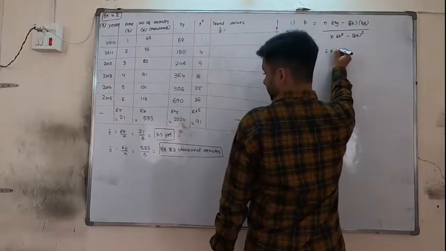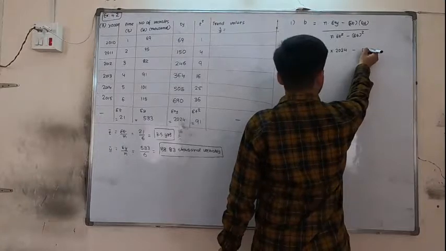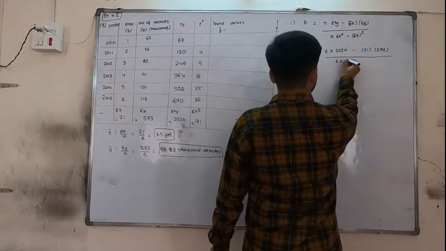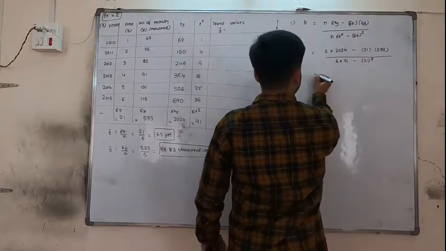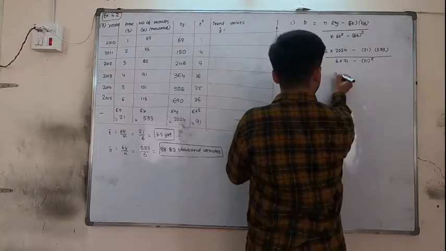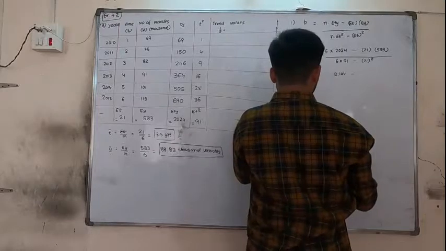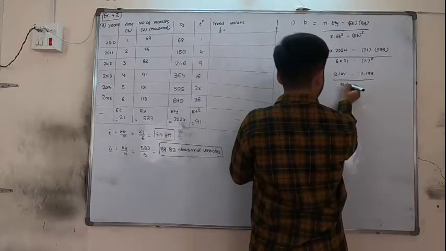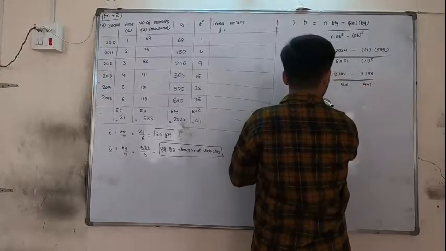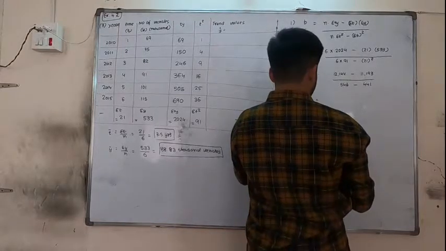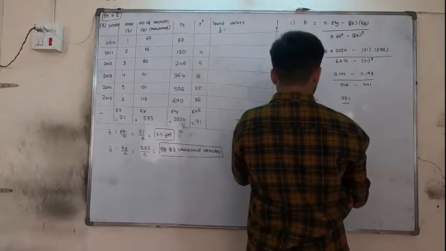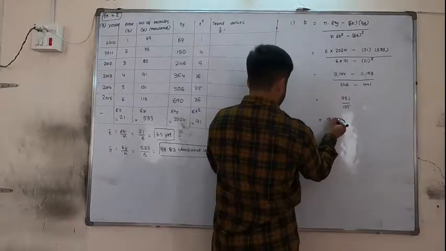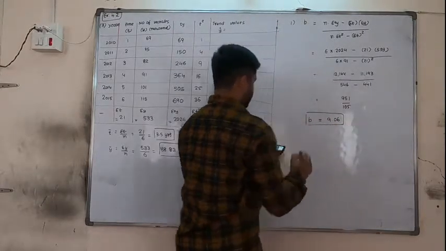N is 6, sigma ty is 2024, sigma t is 21, sigma y is 533, divided by n is 6, sigma t square is 91, sigma t whole square is 21 whole square. 2024 into 6 is 12,144 minus 21 into 533 is 11,193, divided by 91 into 6 is 546 minus 21 square is 441. 12,144 minus 11,193 is 951, divided by 546 minus 441 is 105. 951 divided by 105 is 9.06. b is 9.06.